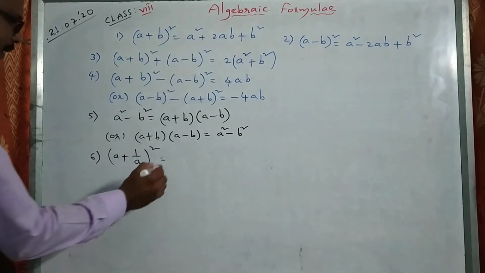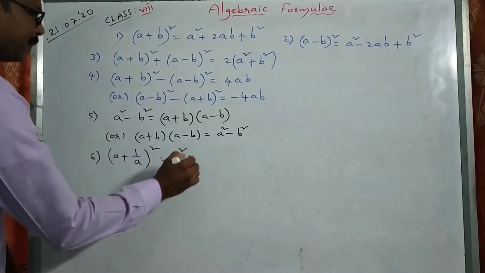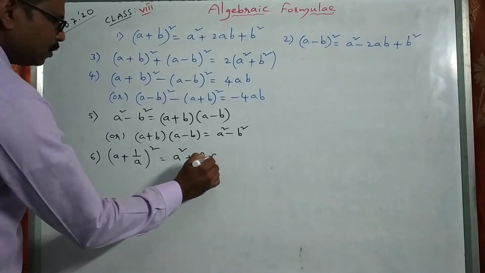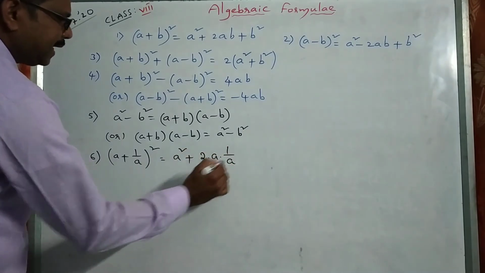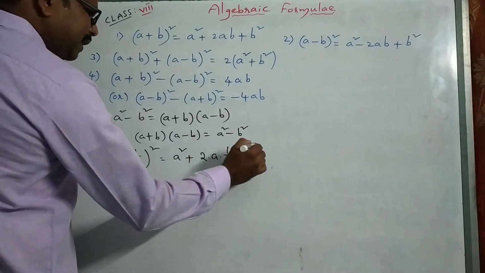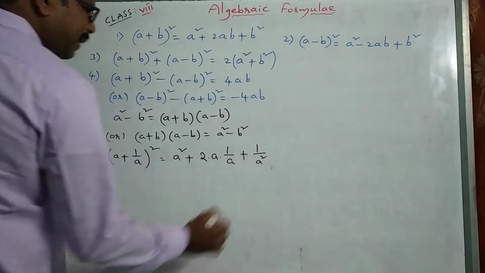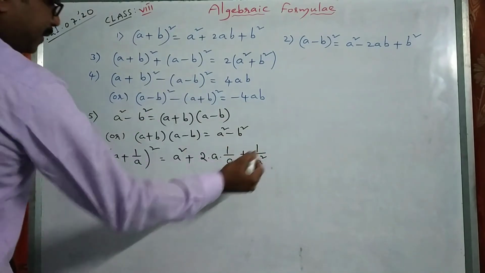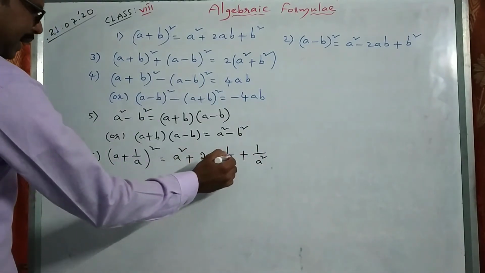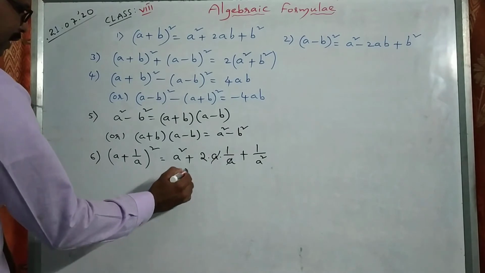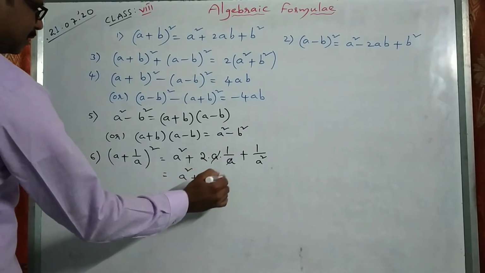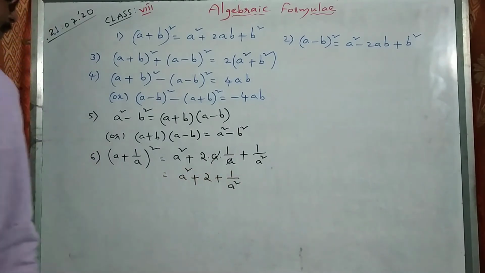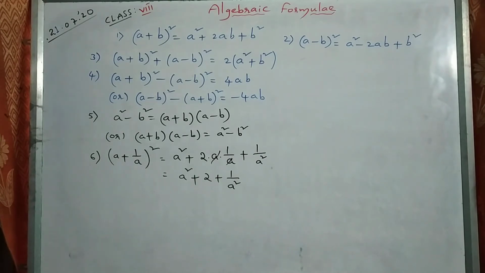Then formula becomes a square plus 2a. b means I am writing 1 by a, plus b square means what? (1 by a) square. Because b value is 1 by a, b square means (1 by a) square. A gets cancelled. So what is the formula for this? A square plus 2 plus (1 by a) square.